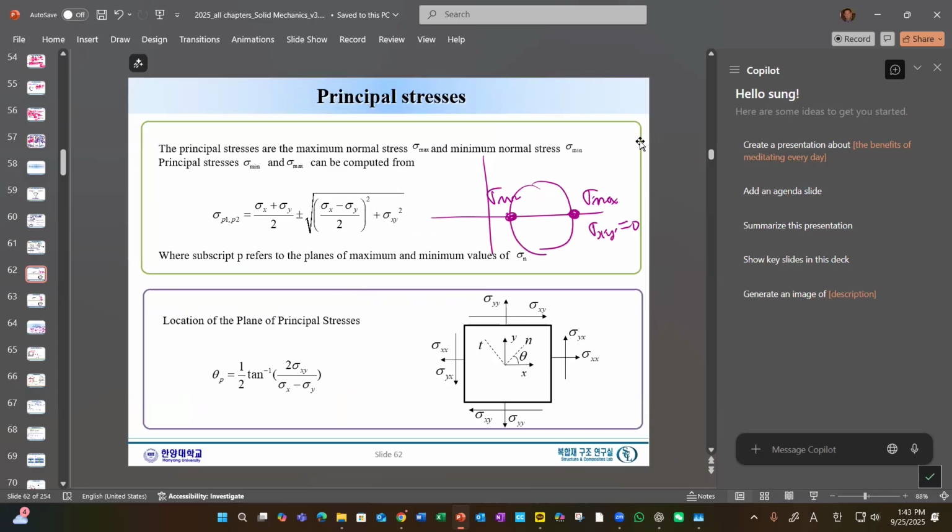And by the way, these two points, as we already know, are very important points. This is called principal stresses. Principal stresses, we call P1 and P2, or max and min. So if we are given sigma xx, sigma xy, and sigma yy, from this we simply calculate this one. This will be this point.